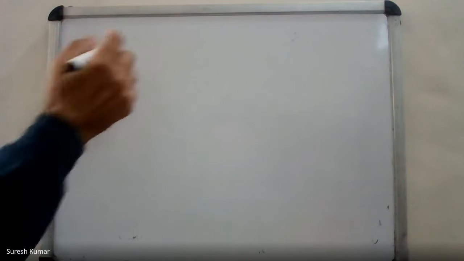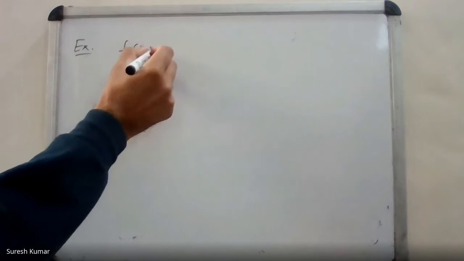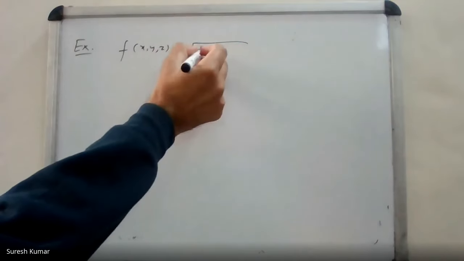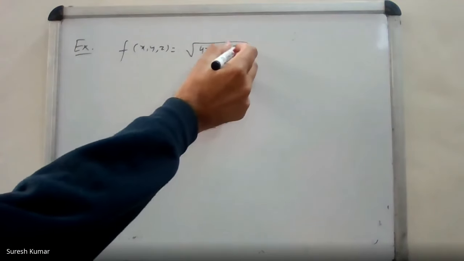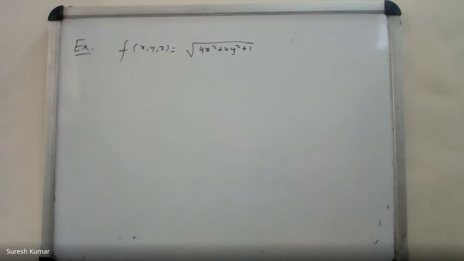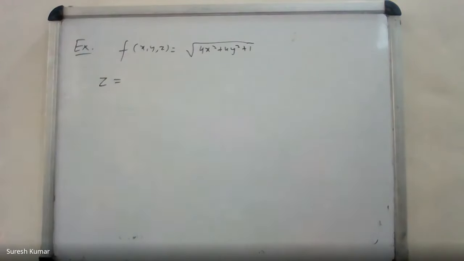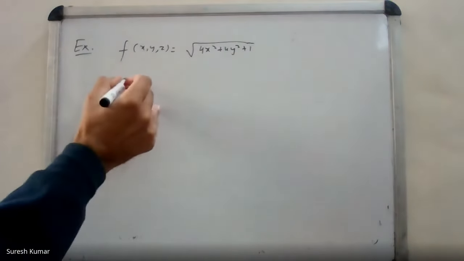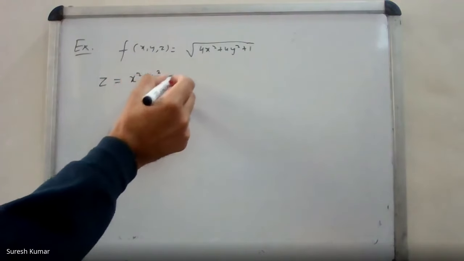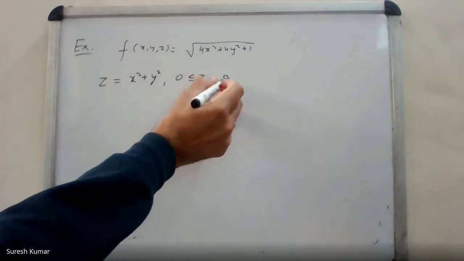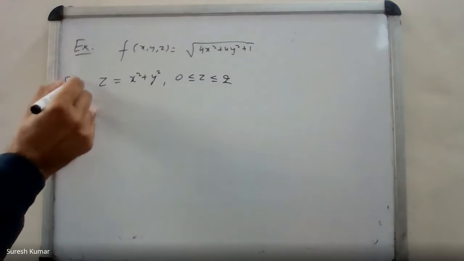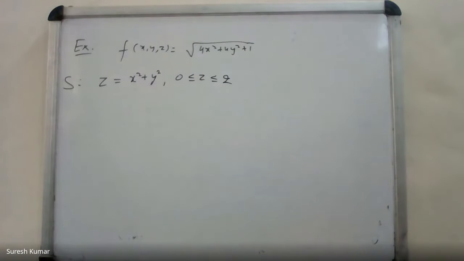Integrate the function square root of 4x squared plus 4y squared plus 1 over the curved surface of the paraboloid z equals x squared plus y squared, 0 less than or equal to z less than or equal to 2. This is the surface given. Now how to do it? That's the point.